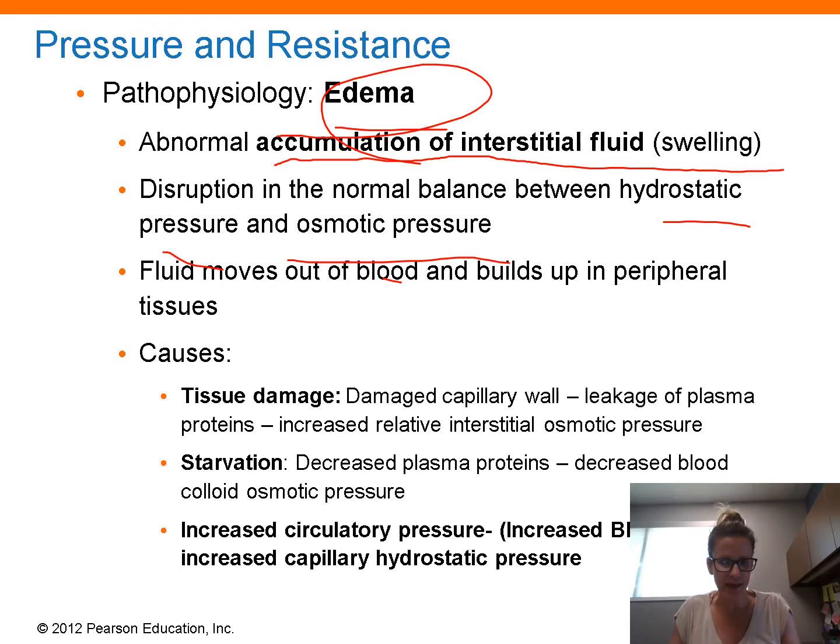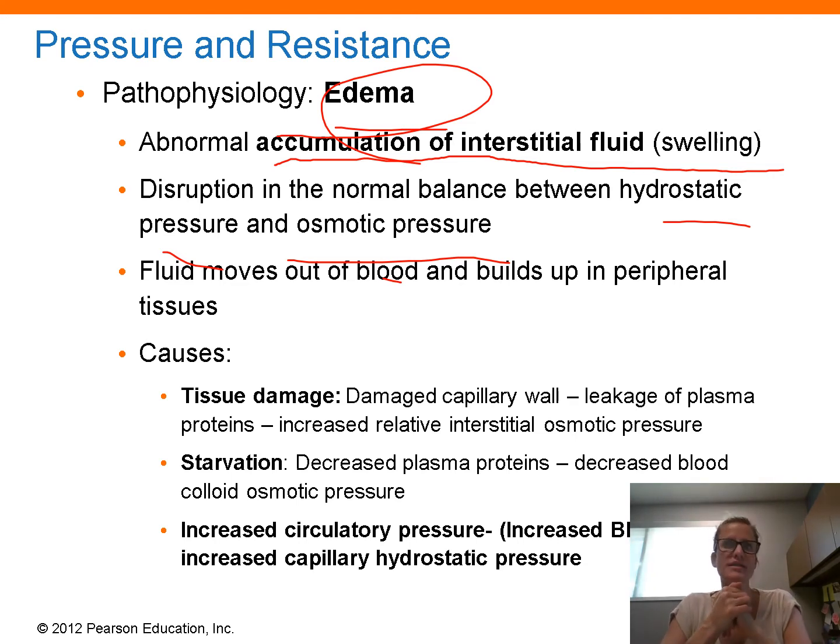Remember, we already have 3.6 liters a day that gets pushed out of the blood and goes into the lymphatic system. Edema occurs when even more fluid gets pushed out of the blood, or when we can't drain that excess fluid through the lymphatic system. Right? If any of that system is messed up, then fluid will start to accumulate in our interstitial fluid, and that's swelling or edema.